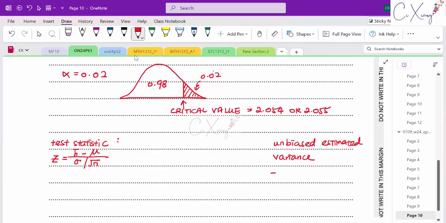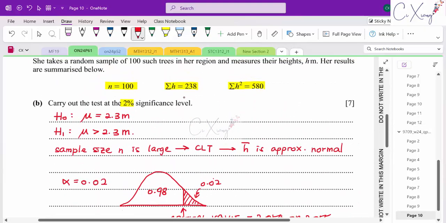So do you still remember the formula for this one? 1 divided by n minus 1, summation h square minus summation h square divided by n. Okay, so putting all the values here, 100 minus 1, 99. Summation h square is 580.